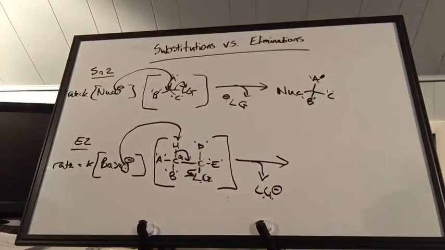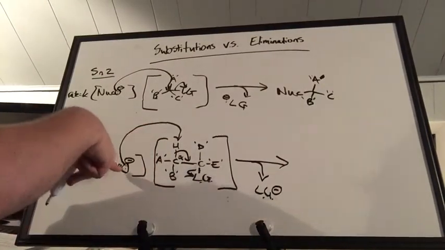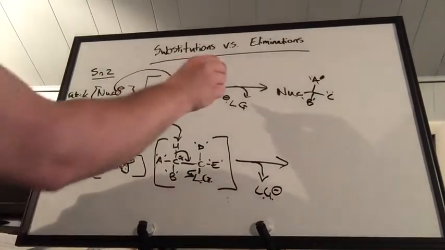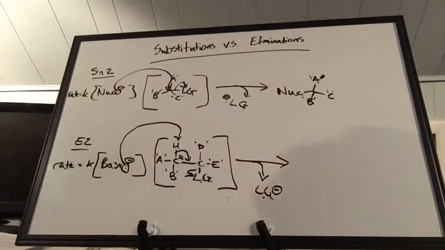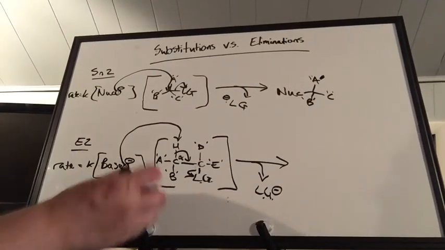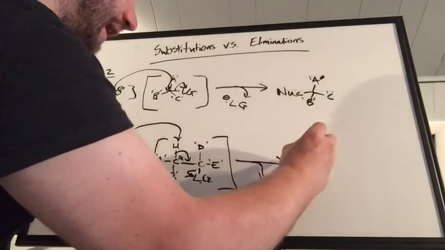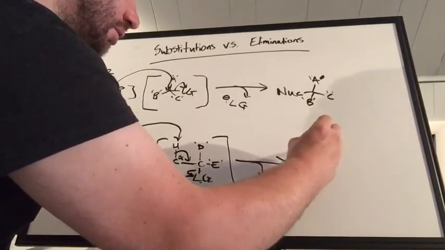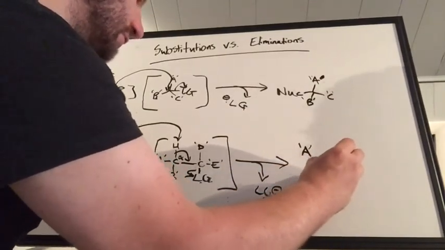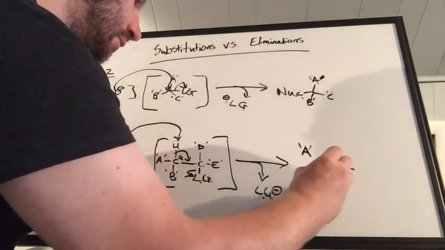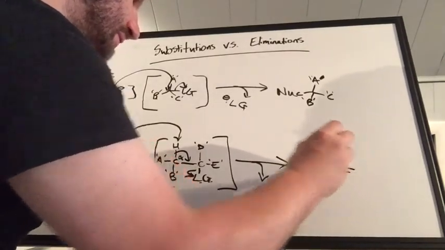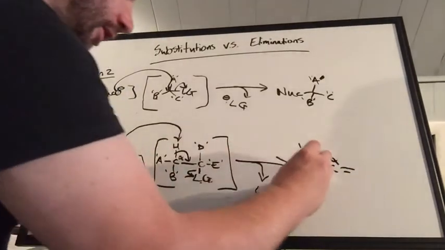And then you're going to have that negative charge there. So the negative charge is conserved throughout. So now you're going to have an alkene as a product. I'm going to put that as alpha just to earmark it.